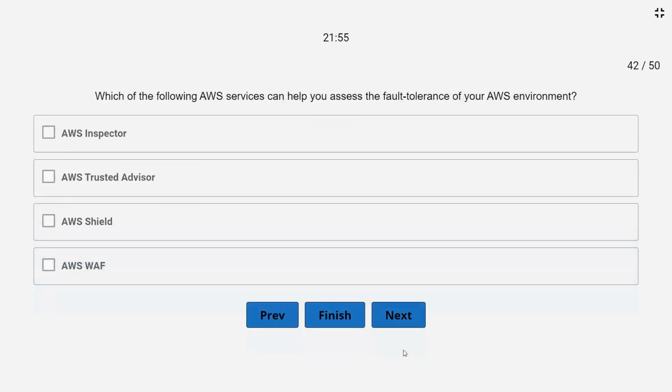Which of the following AWS services can help you assess the fault tolerance of the AWS environment? Next question. You people are on fire. This is killer with the AWS board.